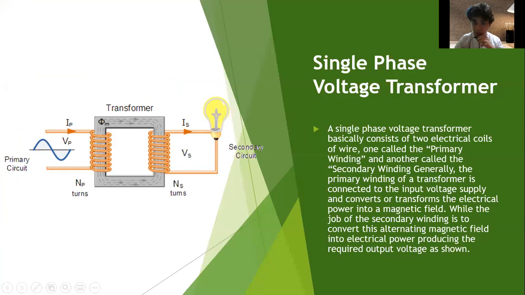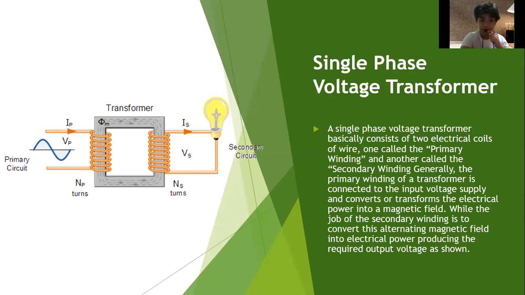What does a single phase voltage transformer do? A single phase voltage transformer basically consists of two electrical coils, as you can see in the figure: a primary winding and a secondary winding.